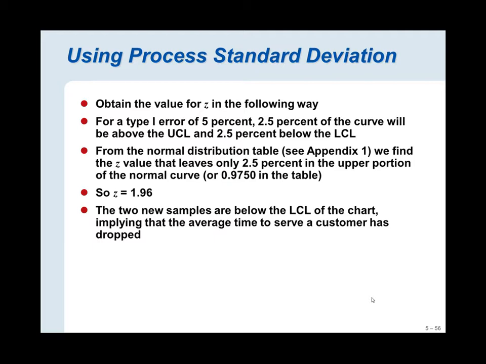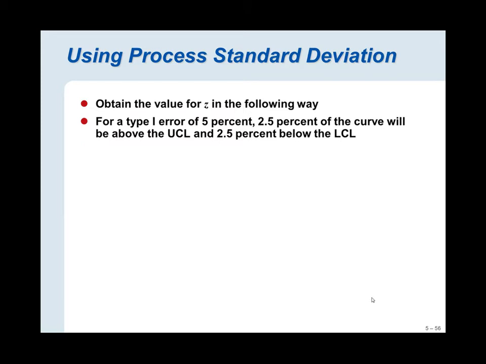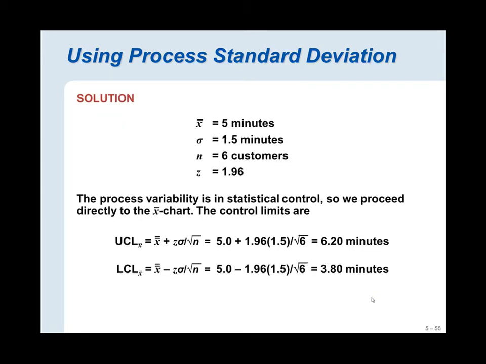With 2.5% upper and lower, we take 1, standing for 100%, and subtract 0.025, which equals 0.975. With 0.975, you use that to find the z value in Appendix A, which equals 1.96. So the upper and lower control limits are about 6.2 and 3.8.